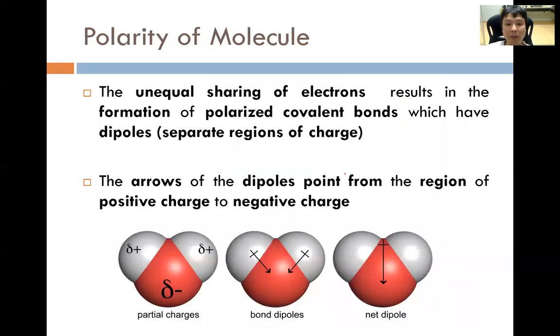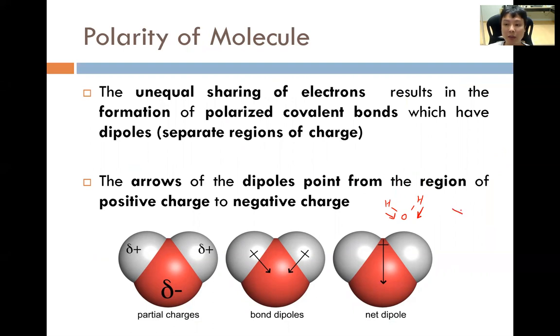For example, this is something that I already covered in the previous part. If you've got a molecule of water like this, oxygen is more electronegative than hydrogen, so we'll draw a bond dipole in the direction towards the more electronegative element. The overall dipole of the molecule is when we add up these two vectors.